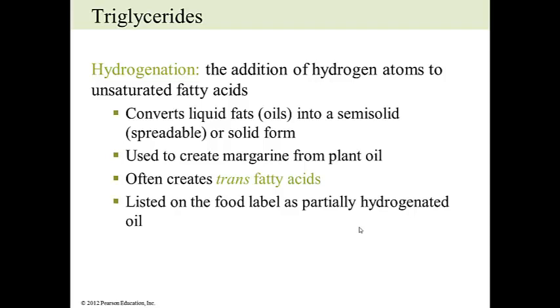However, we realize that using animal fat, there are some consequences health-wise. So food manufacturers over time have decided to create something that mimics lard in cooking. If we take an unsaturated fatty acid or a nice vegetable oil, and if we add hydrogen atoms to that oil, we can create this solid mass that resembles lard.